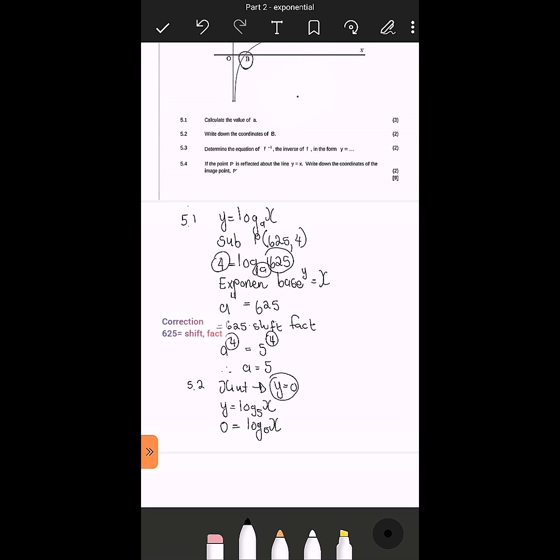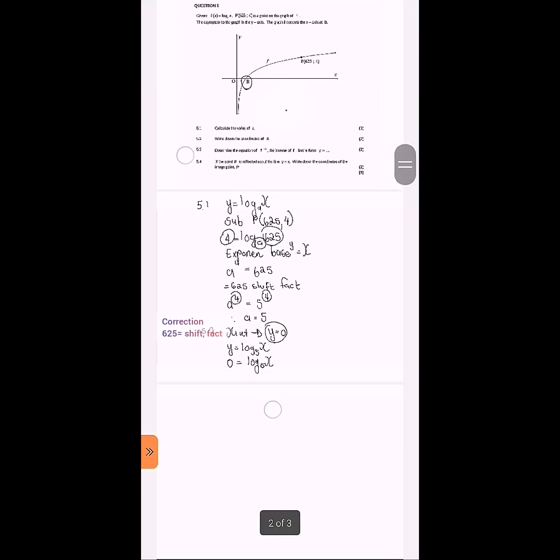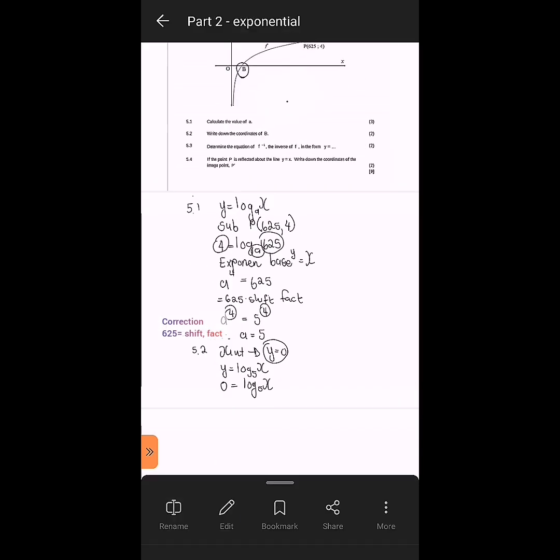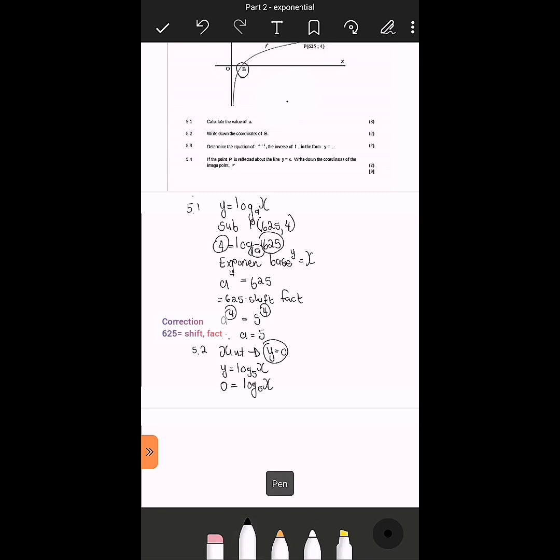Then we write down our answer in exponential form, which is, if you remember clearly, base to the power of y equals x.